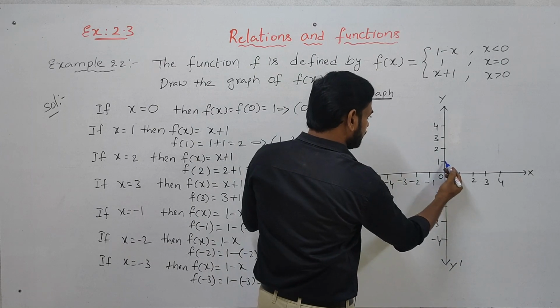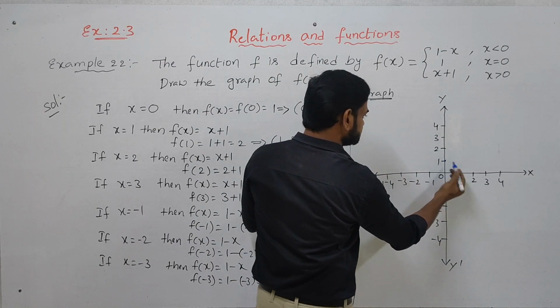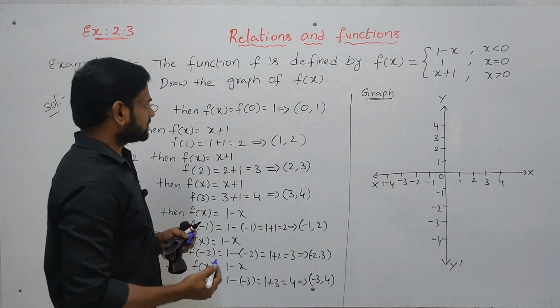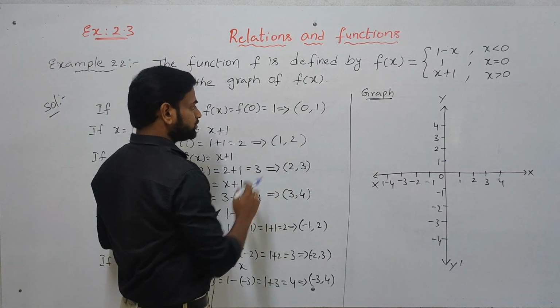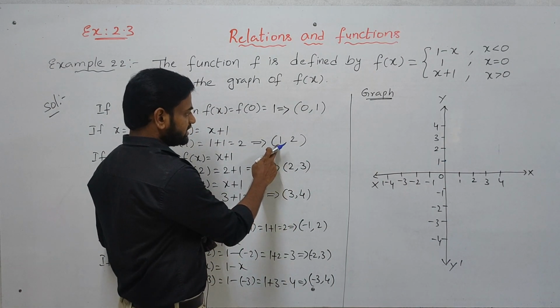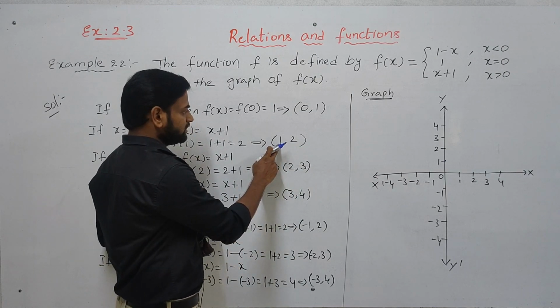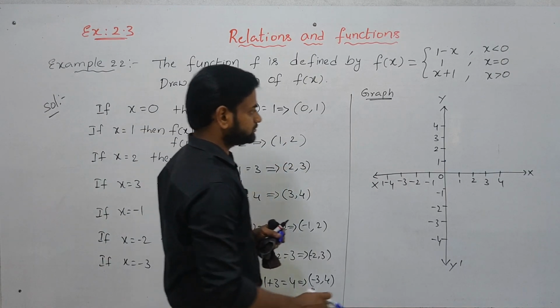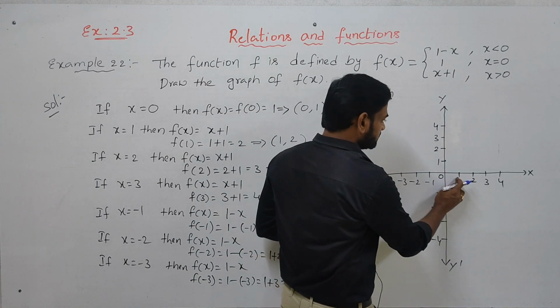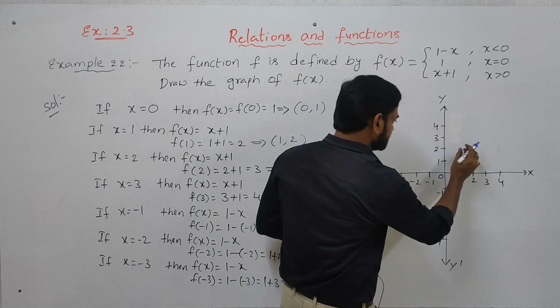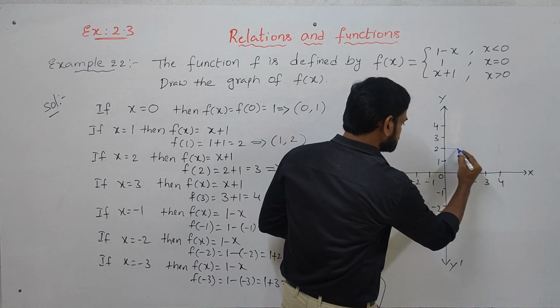So 0 comma 1 is the point. Next 1 comma 2. X value 1, y value 2. On the x-axis 1, on the y-axis 2 here. So it is the meeting point.